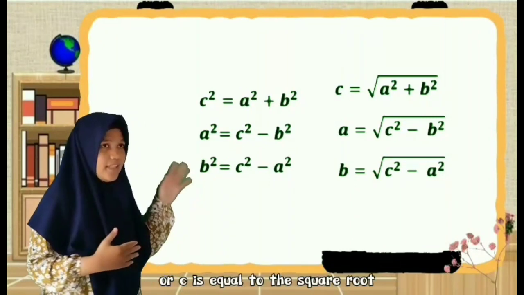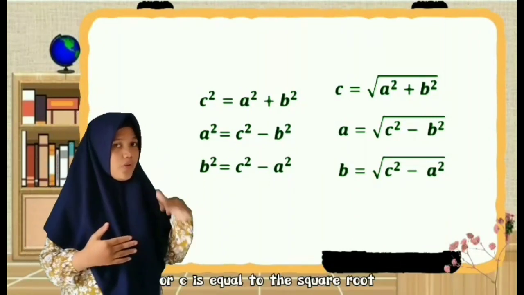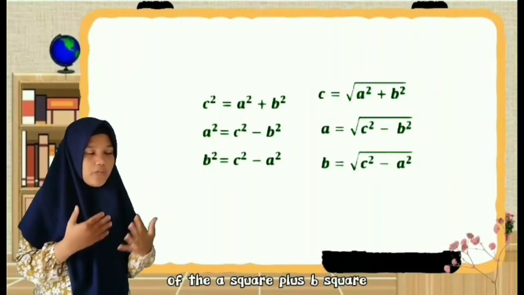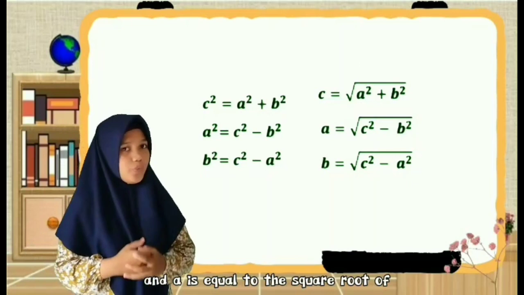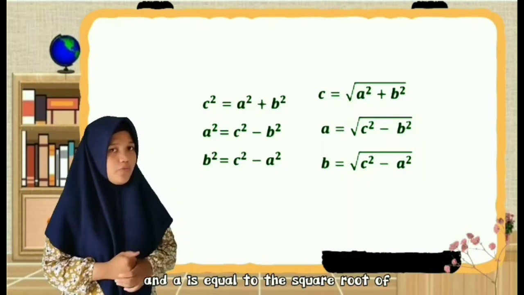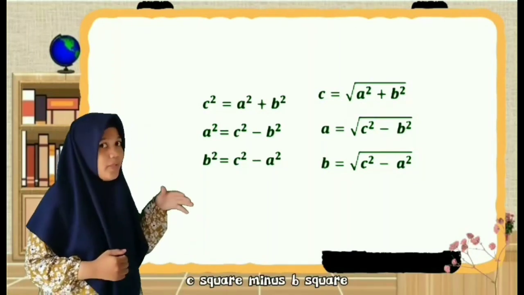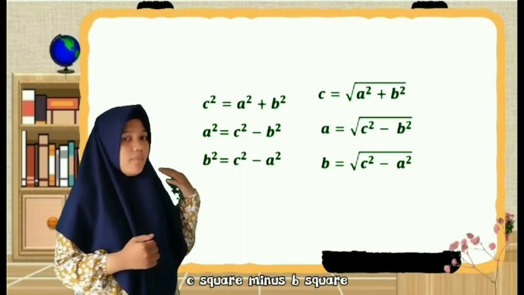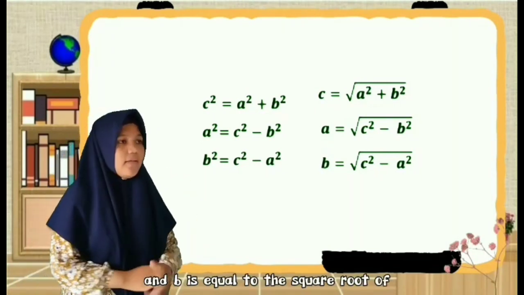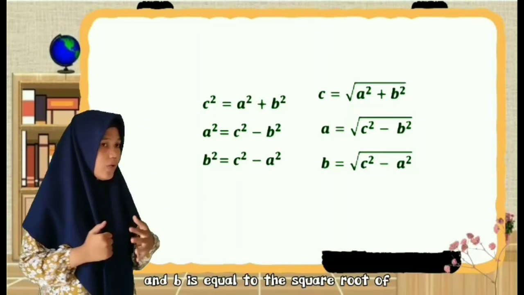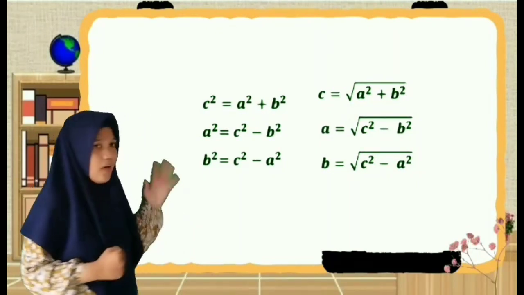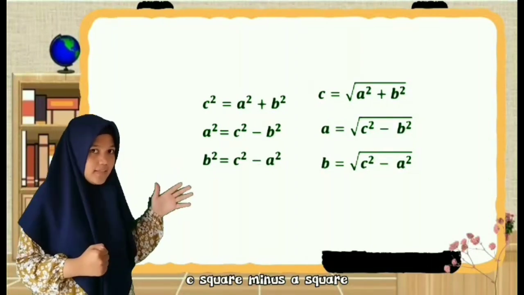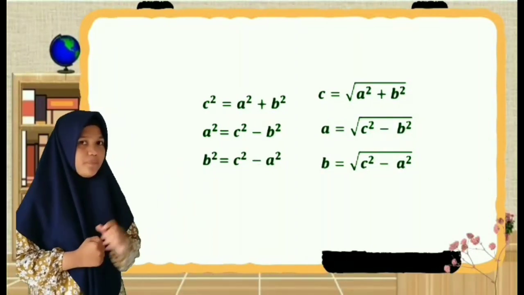Or c is equal to the square root of a squared plus b squared, and a is equal to the square root of c squared minus b squared, and b is equal to the square root of c squared minus a squared.